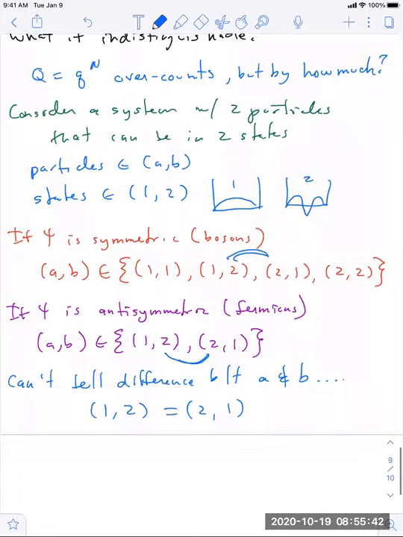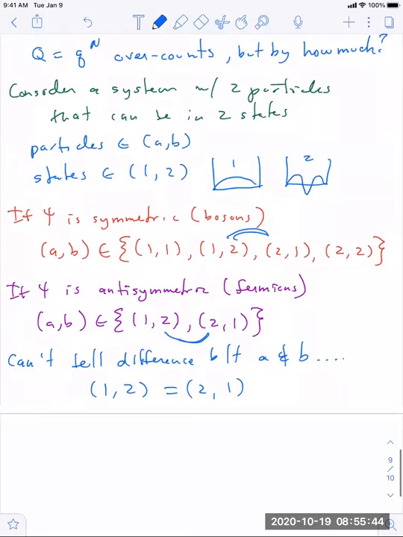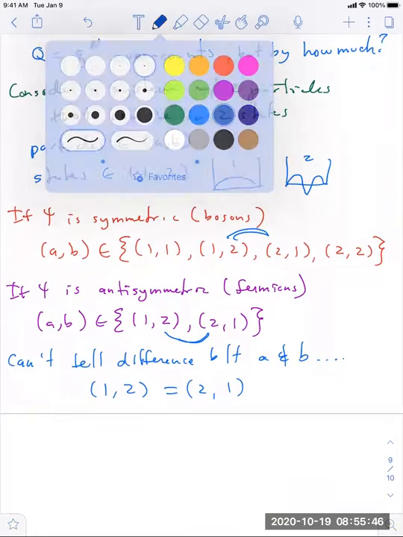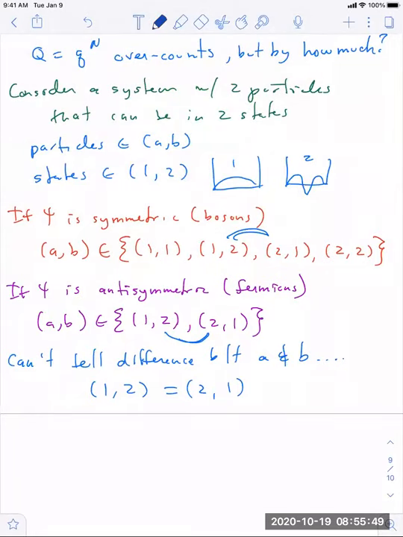So if we think combinatorially about how this is overcounting, correcting for this overcounting, n particles can arrange themselves in n factorial ways. And so I just divide Q to the N by n factorial.